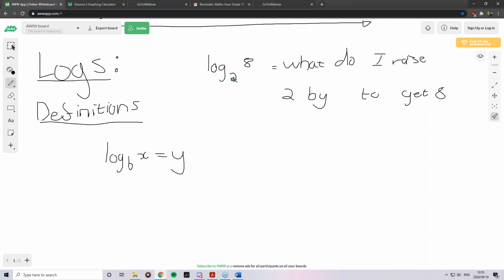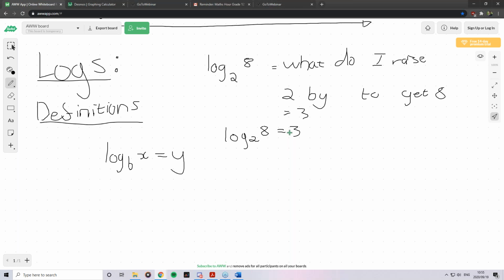So 2 to the power of what is equal to 8? Equal to 3. Log base 2 of 8 is equal to 3.